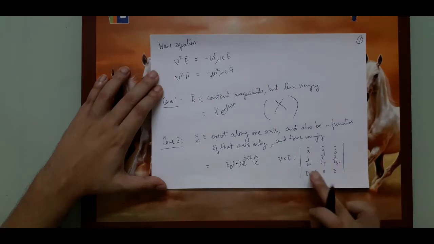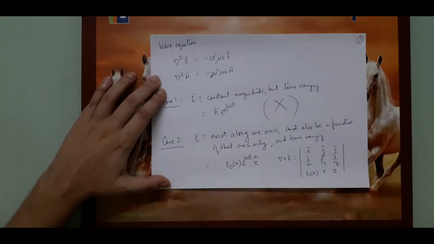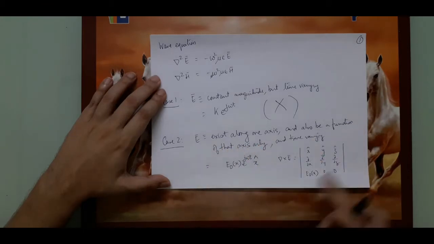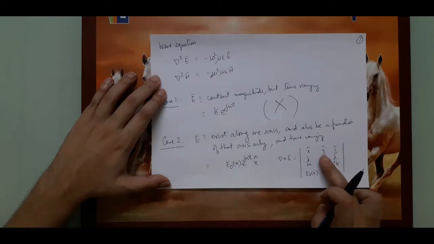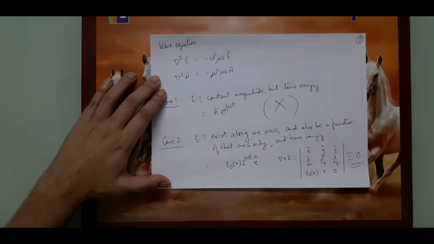When I am solving for the y component, it will be dz of Ex, and we said that is varying along x axis only. So therefore this differential will become 0. Similarly, the y derivative of this will also be 0 because E0 is a function of x only. So therefore this would identically be 0. So magnetic field cannot exist.